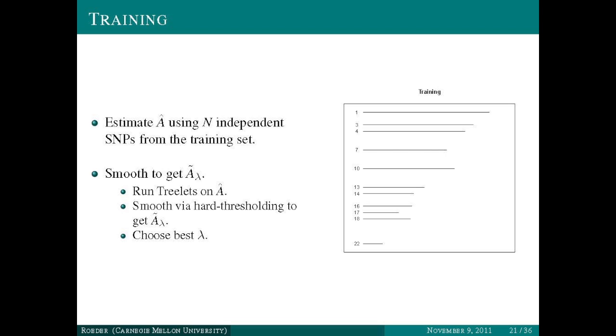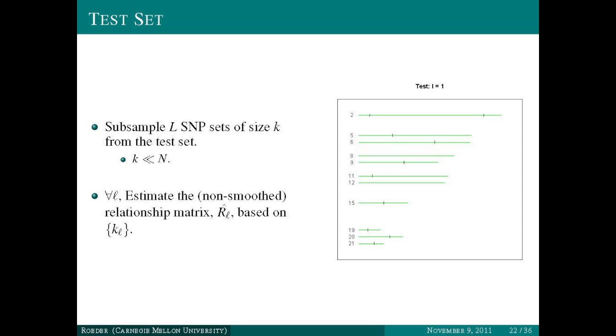Now I thought, well, I have to use a trick, so I used subsampling. I subsample again and again a handful of SNPs. And with each handful, I estimate how related they are. So I get an estimate of how related they are, and then I do like cross-validation. I look at how far my estimate is from my smooth, and then I choose lambda by minimizing that.